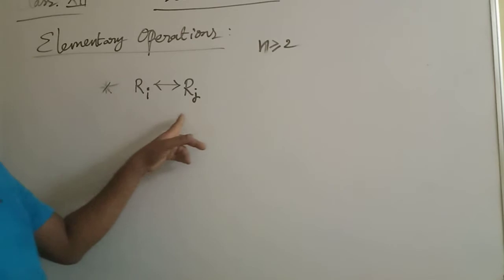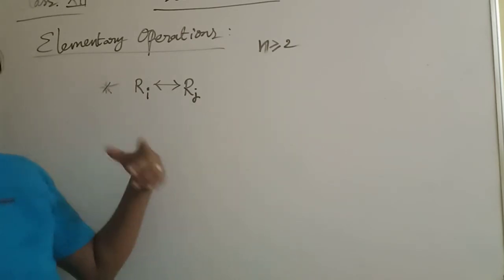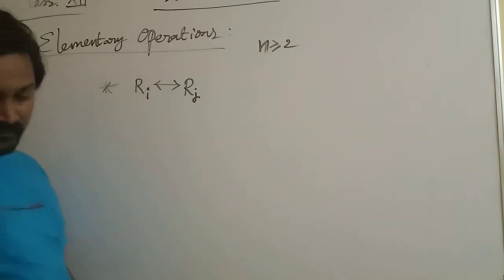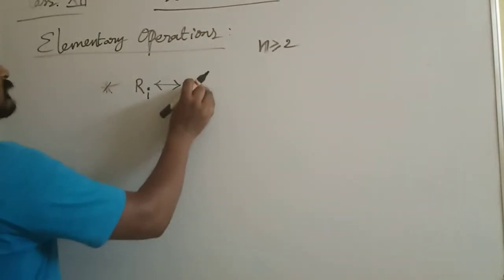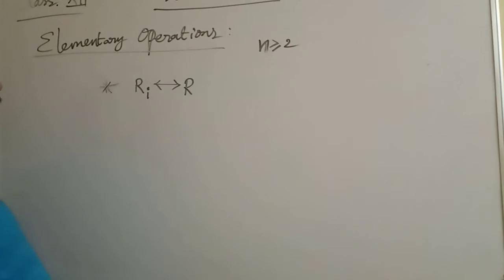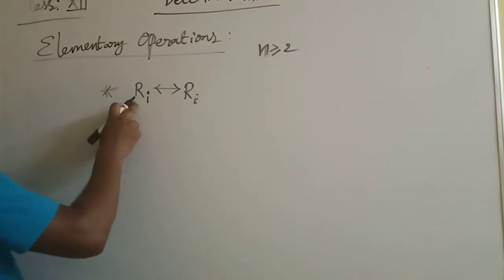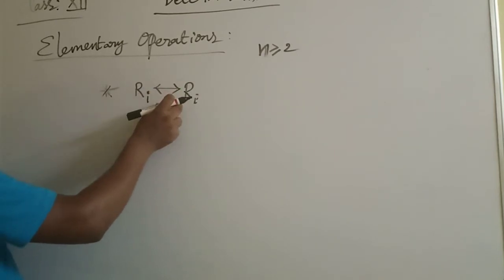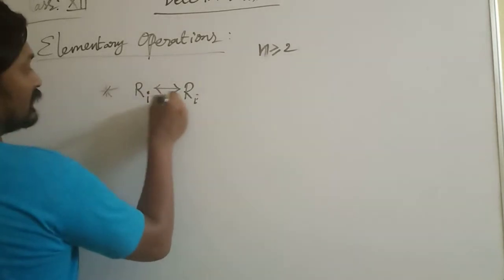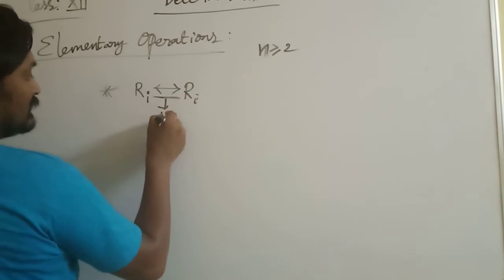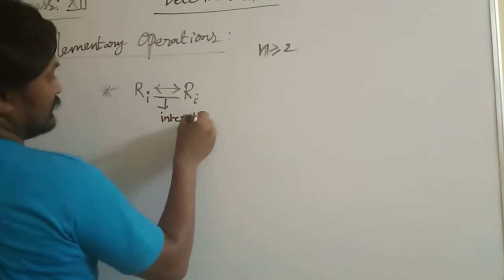These are the rows and these are the columns. Or in other words, it is Ri and Ri also. The row is interchanged with another row, this part you have to remember. This is called interchanged.